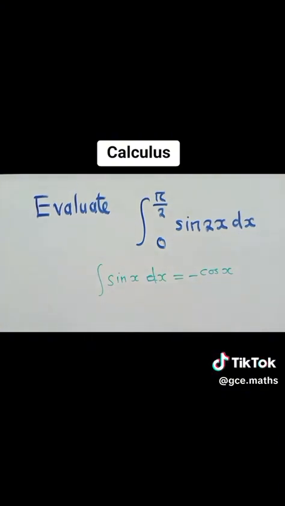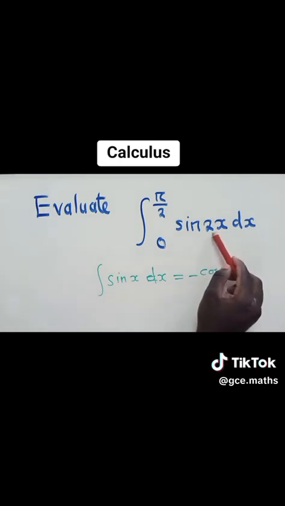All right, so after knowing this, we can try and change what is here to be equal to one letter. Since here we have got 2x, we can make it be equal to another letter, not x.